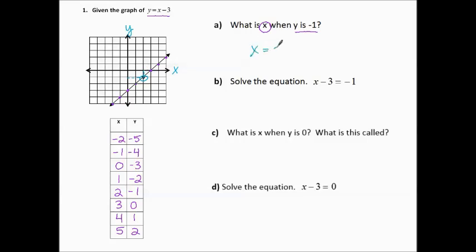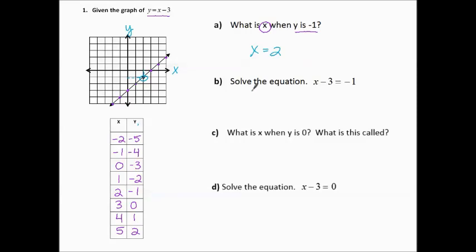X equals 2. We can tell that from our graph. We can also look at our table. The question asks when y is negative 1. So I go down here to y is negative 1, and here's my 2. X equals 2 when y is negative 1.